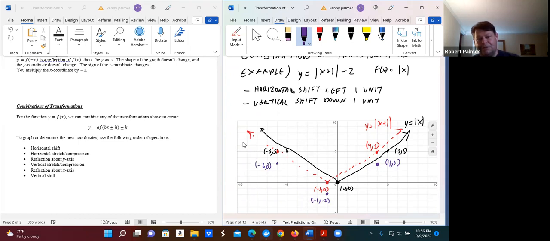Now, if I connect those dots, a little hard to write on this writing pad, but that will be the graph of y equals the absolute value of x plus 1, minus 2. Actually, let me see if I can draw this just a bit better. There we go. Okay. And so once again, we start with the original graph. We shifted it to the left 1, and then down 2 and got our final graph, the blue line.